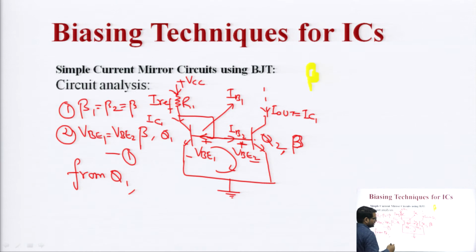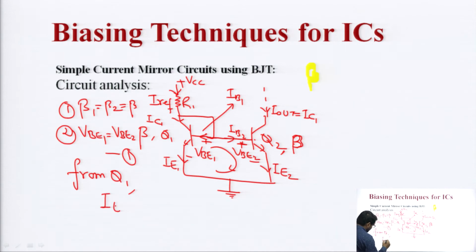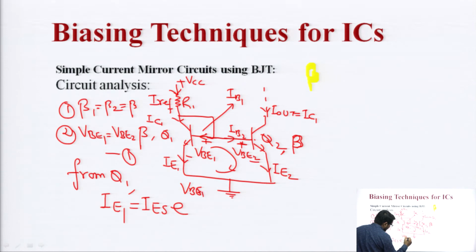From Q1, let us suppose this is the notation of IE1, the emitter current, and this will be IE2. From Q1, we write IE1 is equal to IES e to the power VB1 divided by VT.